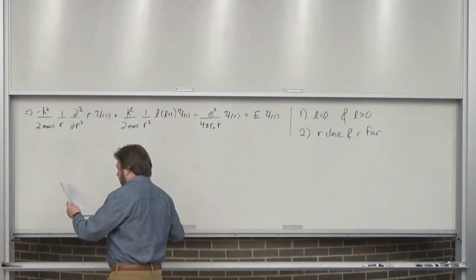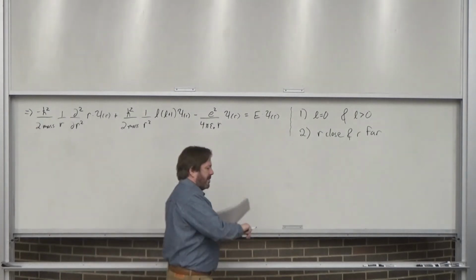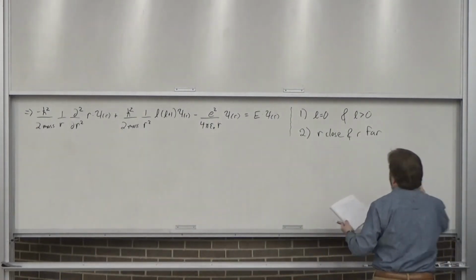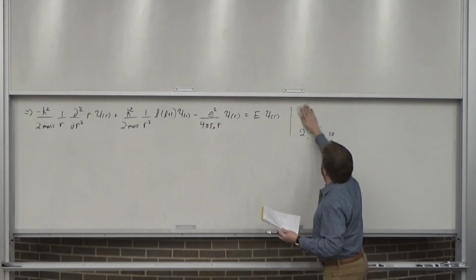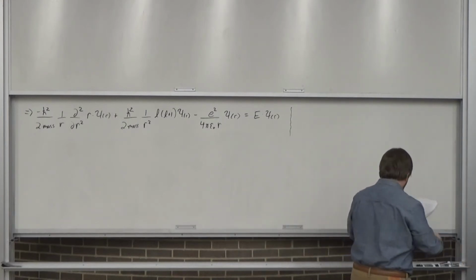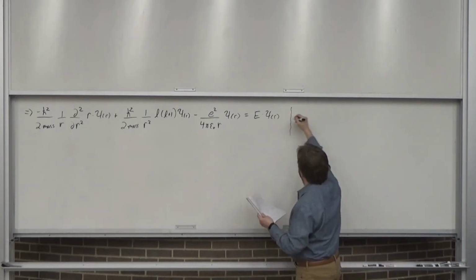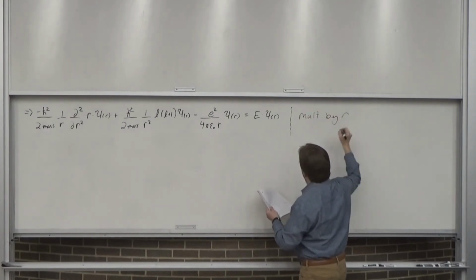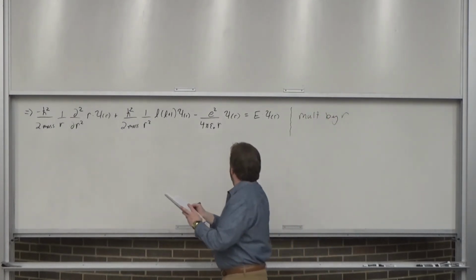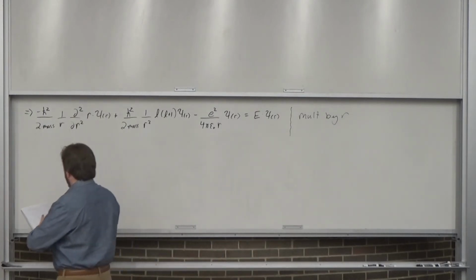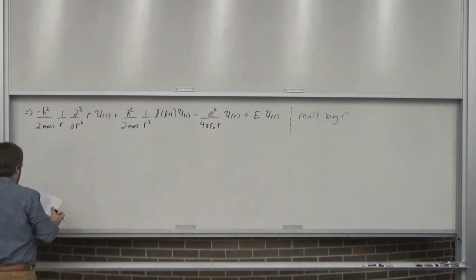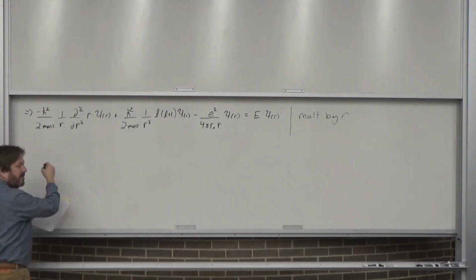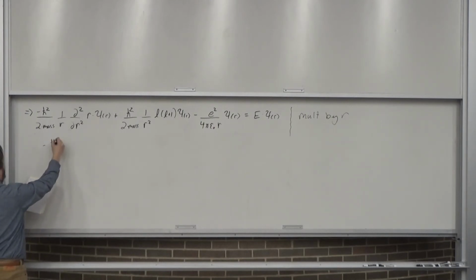Okay, so what do I want to do? Here's my instruction set for my algebra, and what I'm going to do is multiply by r. So take this and multiply by r. Again, I know it seems like, well, why? Maybe I'll speed up time because this is time consuming.